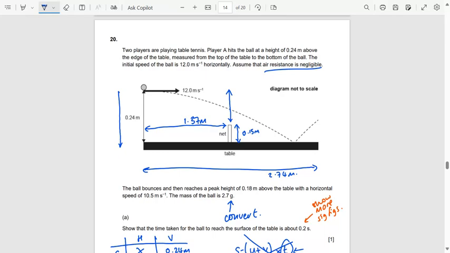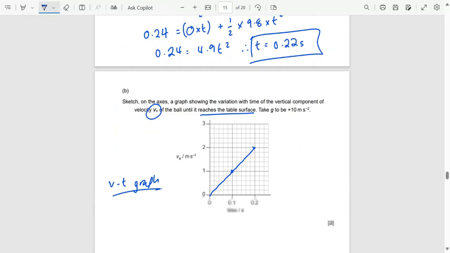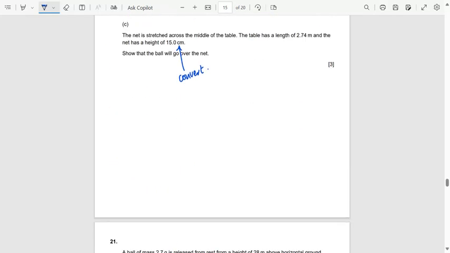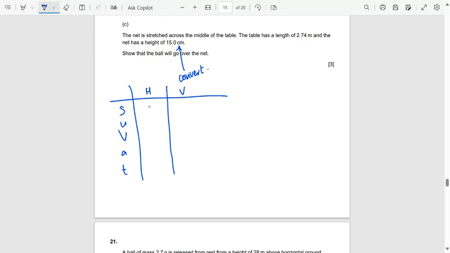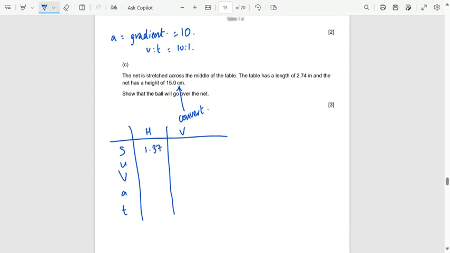Okay, so the first thing we need to do is write down what we know. So we said that is now 1.37.